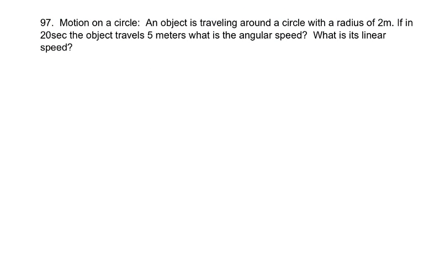Okay. Alright, the word problems. I'm going to be doing problem 97 and problem 101. Basically, these are just fill in the formula problems. We're going to use the formula omega.